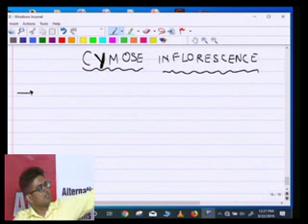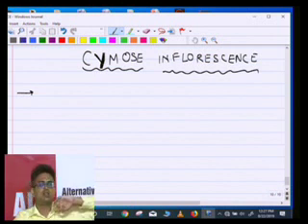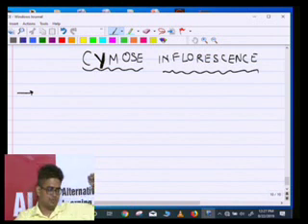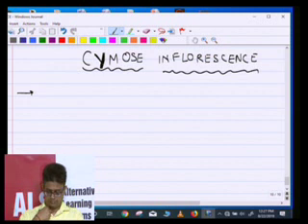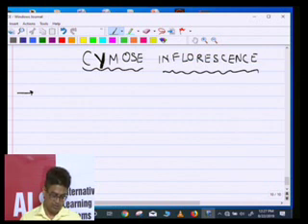If you see any plant from a distance and you can see a large number of flowers in a small area, there is a high probability that you are seeing some type of cymose inflorescence. Cymose inflorescence is also quite common. Okay, so let's talk about it now.